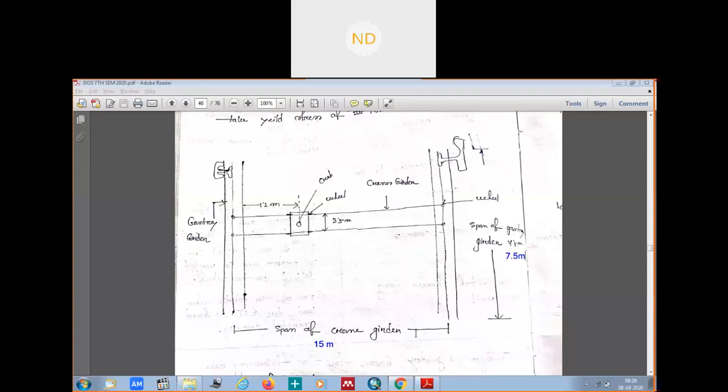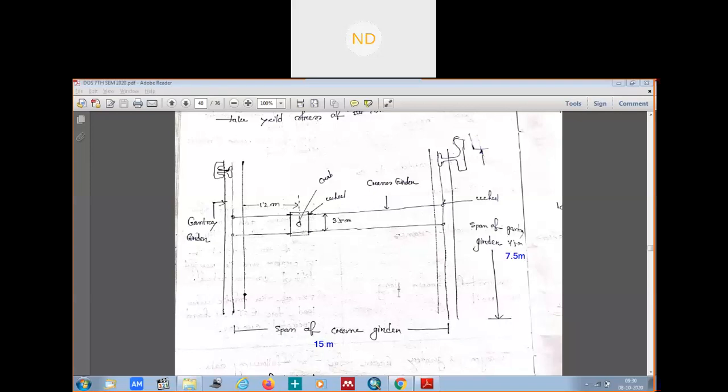This is our crane, so the crane girder is 15 meter according to our question. This is our wheelbase 3.5, and we have the minimum approach 1.2. This is the crab, which is nothing but the trolley. It has four wheels over it, and the crane also has its wheels.